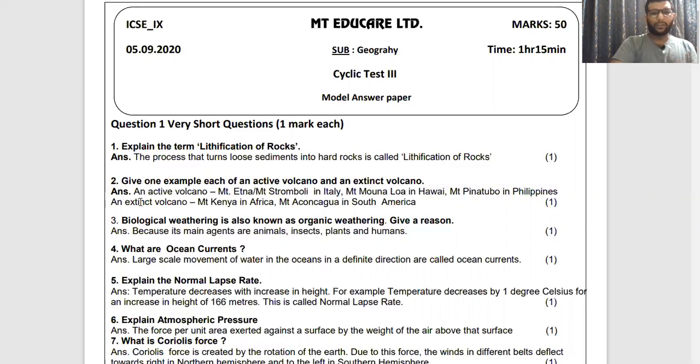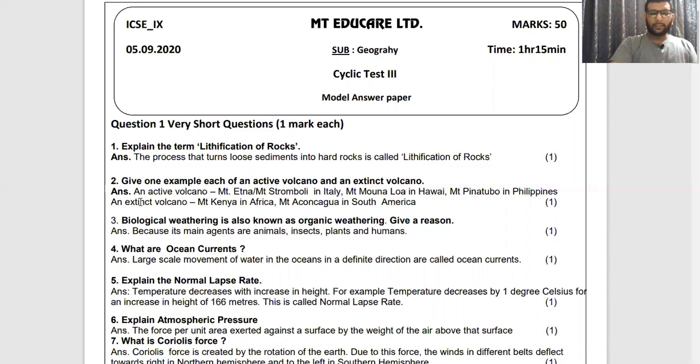For extinct volcano, you can write Mount Kenya in Africa, or Mount Aconcagua in South America, whatever is convenient to you, right? Remember, when these examples are written, please ensure that the spellings are correct because it gives a lasting impact. When the paper corrector is correcting, they will be convinced that you know your content well when you pay attention to your spellings.